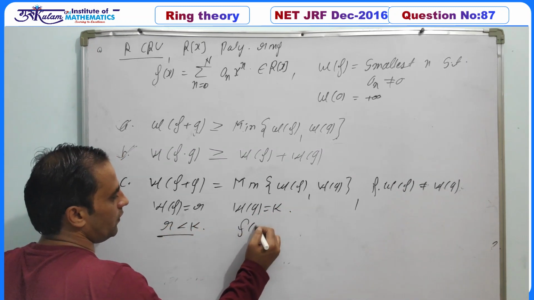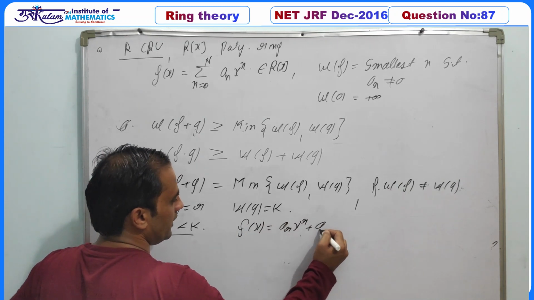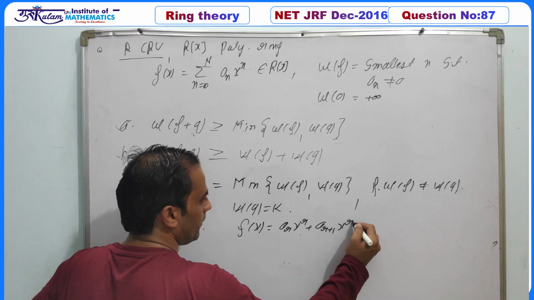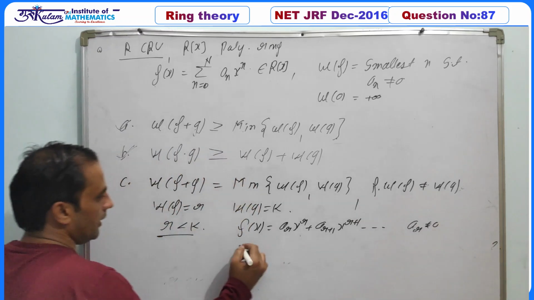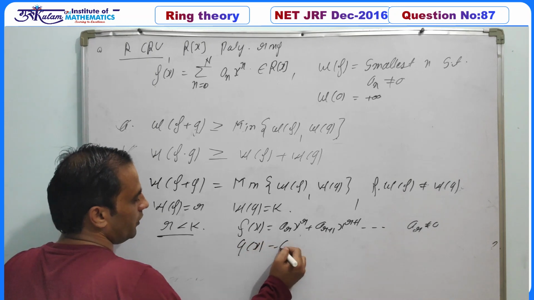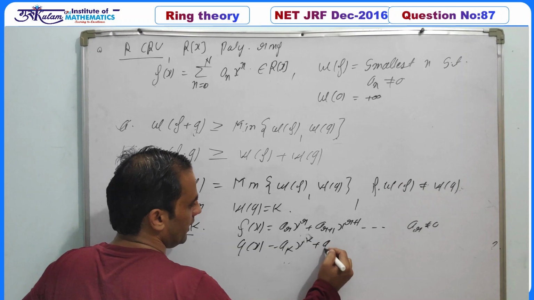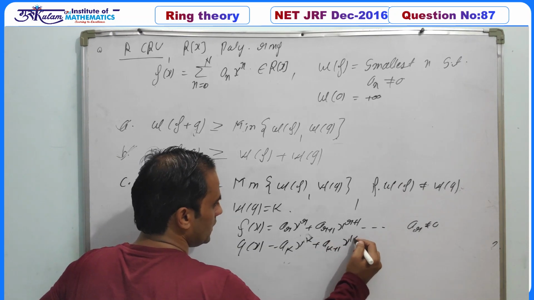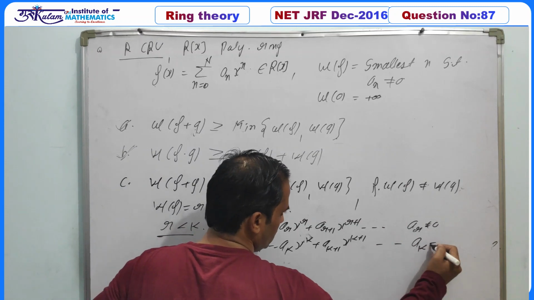So obviously f(x) is equal to a_r x^r plus a_{r+1} x^{r+1} and so on, and a_r must be non-zero, and g(x) is equal to a_k x^k plus a_{k+1} x^{k+1} and so on, with a_k non-zero.